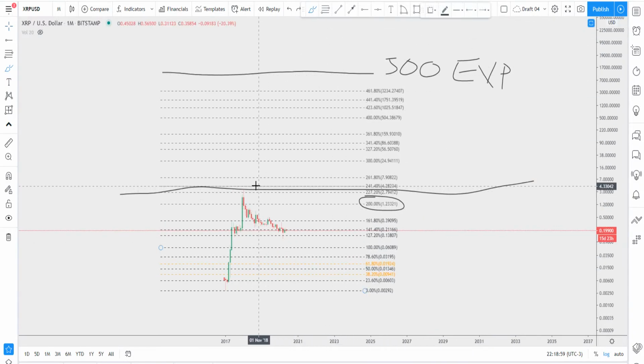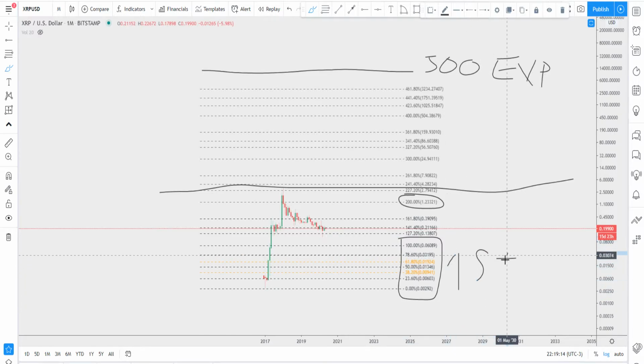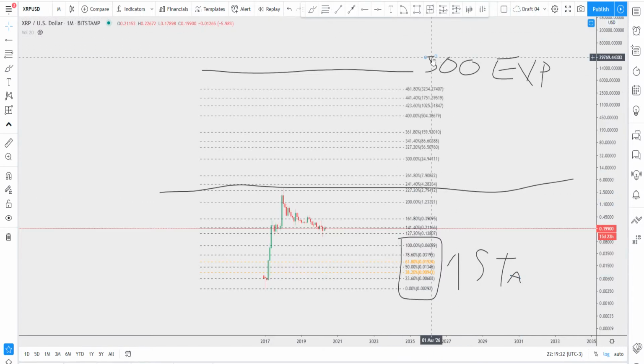And right after we went back above. Okay, so take a look here close. This is our 100% level, okay? So let's take this as our first stage. Okay, so this is our first stage. Let's leave this guy here.